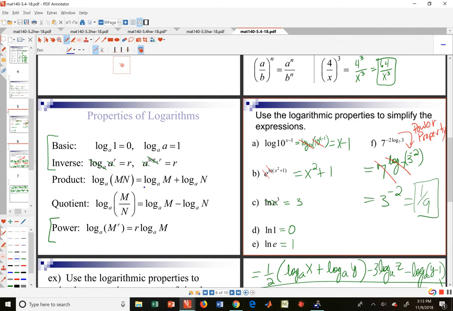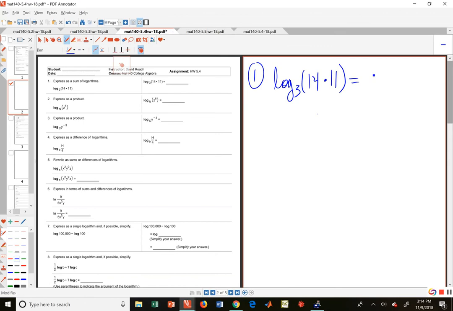It's referring back to that if you have like bases and you multiply them, you add the exponents. Remember, logarithms are exponents, so you're adding the exponents coming out of that product. So this is going to be log base 3 of 14 plus log base 3 of 11. The log of a product is the sum of the logs of each factor individually. Very unusual.